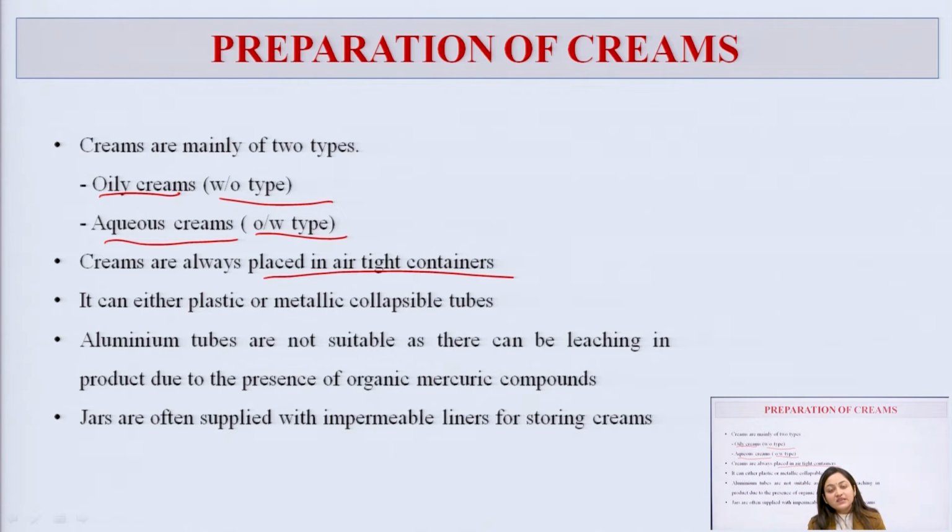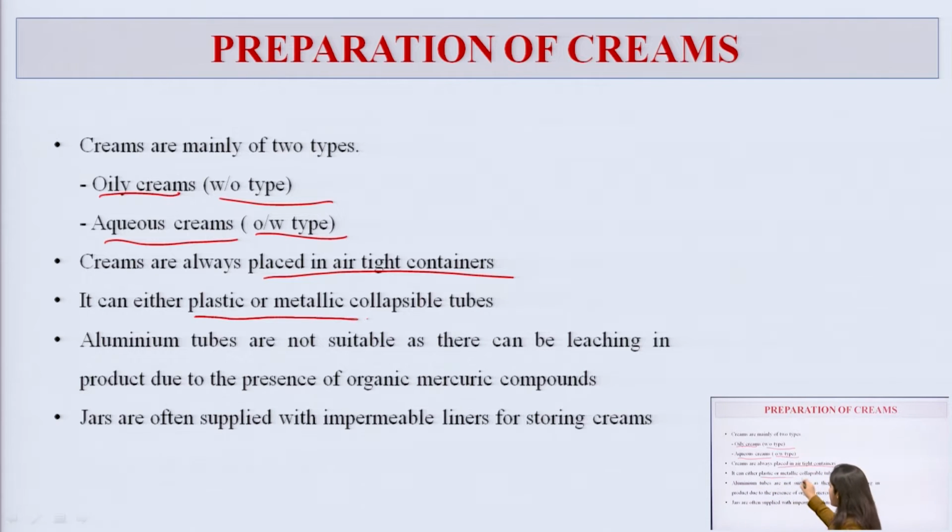Creams are always placed in airtight containers because there is a high presence of liquid medicament in them. If the liquid presence is more, there are chances of a microbial attack on that particular cream. So, to prevent microbial attack, creams are always packed in airtight containers only.